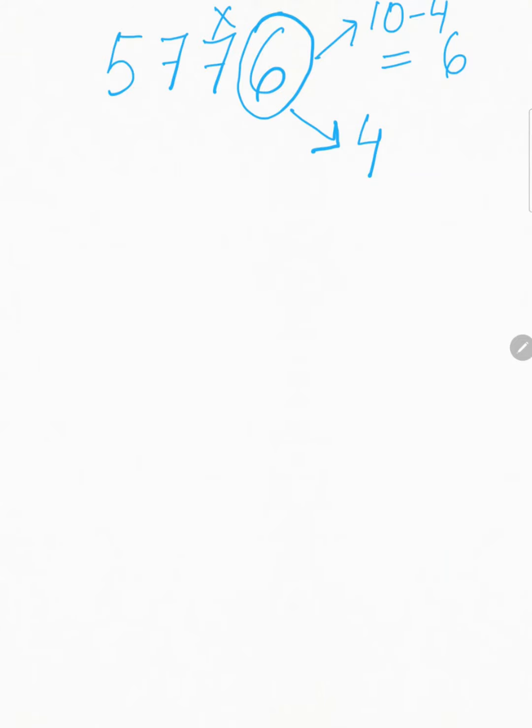After choosing these two digits, we move to the next step, that is we will be ignoring the digits just before 6 and we consider the number 57. So again we think of a digit which when multiplied by itself gives something close to 57. What we find is that 7 into 7 gives us 49, which is close to 57.